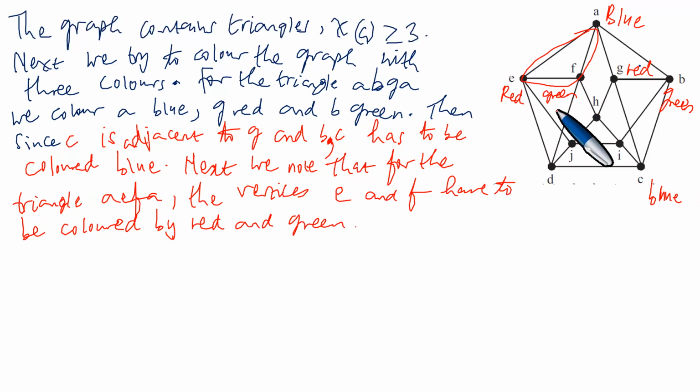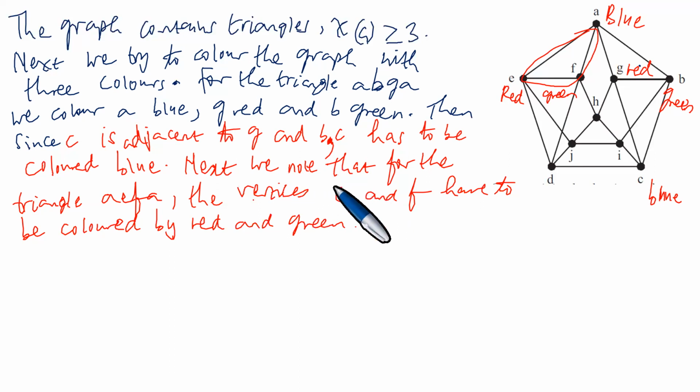Why is E red and F green? That's a good question. Because this is blue, we need different colors. You can make this one green and this red, because adjacent vertices cannot both be blue. This one is already blue, so we can't make this one blue, but we have two colors available. So we can use red and green interchangeably there.